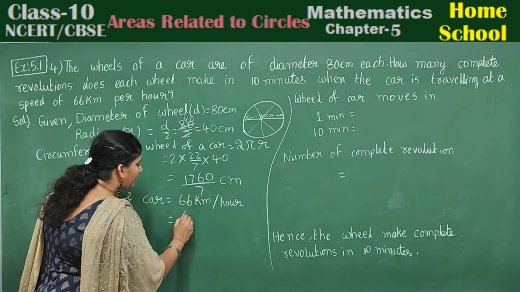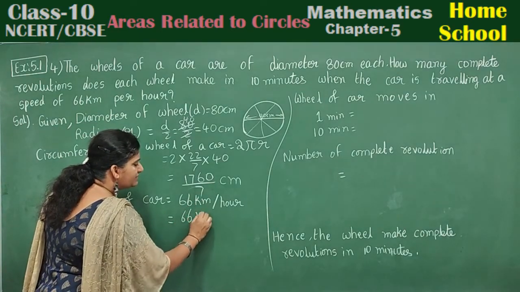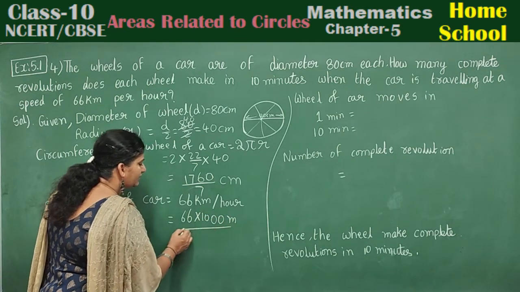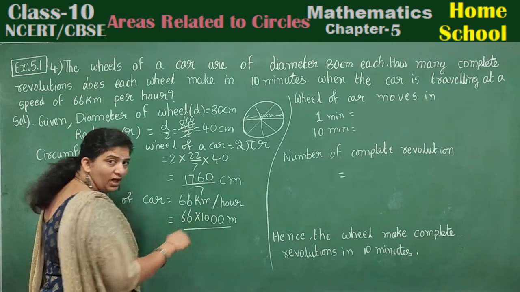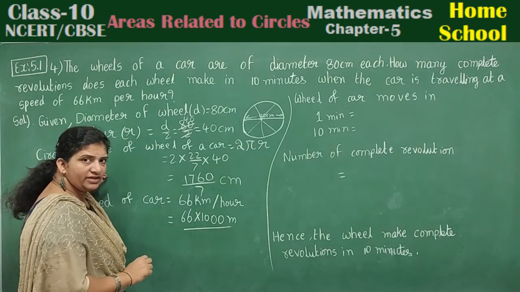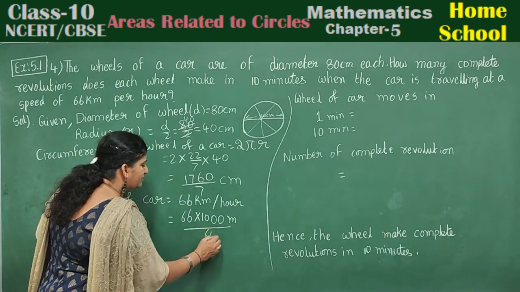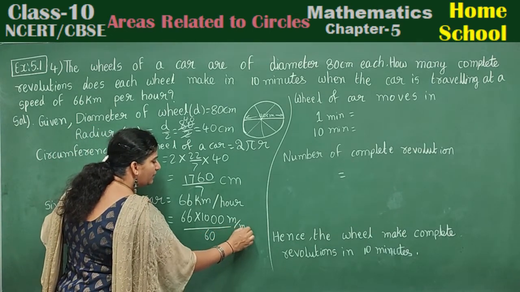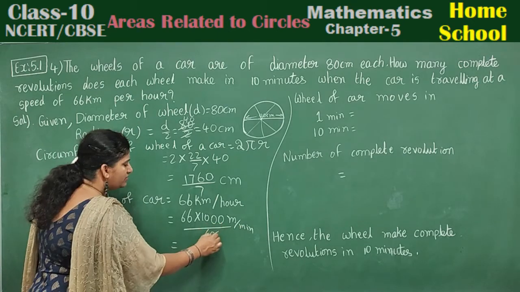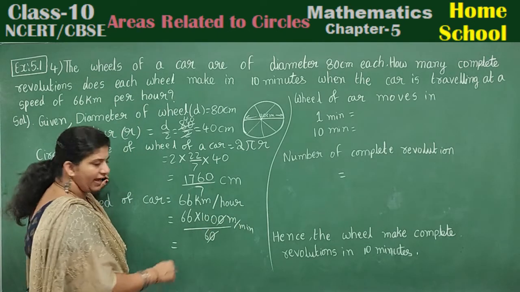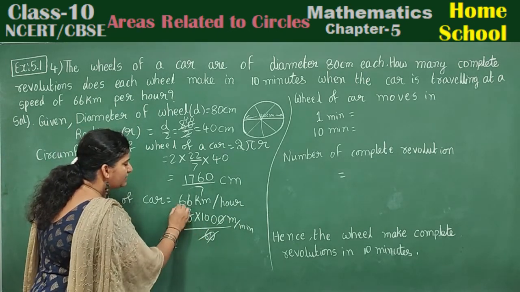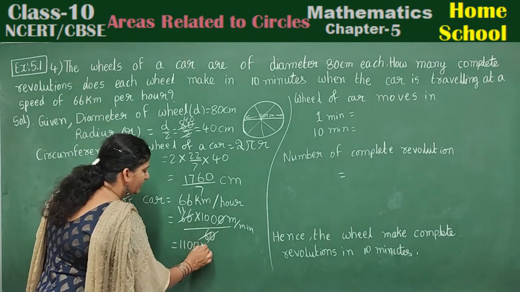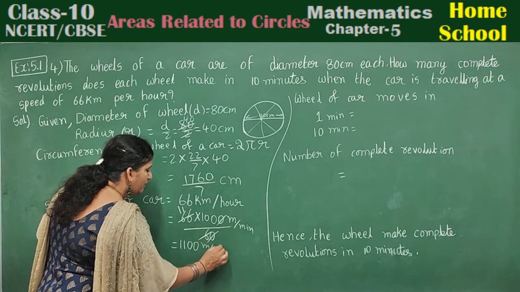First, let us multiply that, 66 into 1000 meters, per hour. 1 hour, how many minutes does it have? 60 minutes. Right? Meters per minute. 0, 0 cancel. 6 elevens are 66, so 11 into 100, it will be 1100 meters per minute.